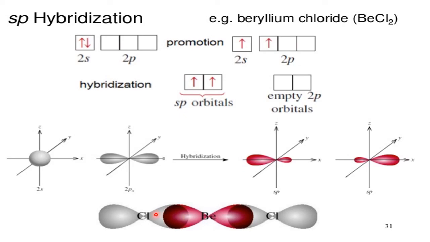Once again, they go for such an arrangement in space so that the least repulsions are maintained, so that there is least energy and maximum stability. So they decide from which angle and which orientation to come, so that we get the least energy and the most stability. So a straight line beryllium chloride is formed.